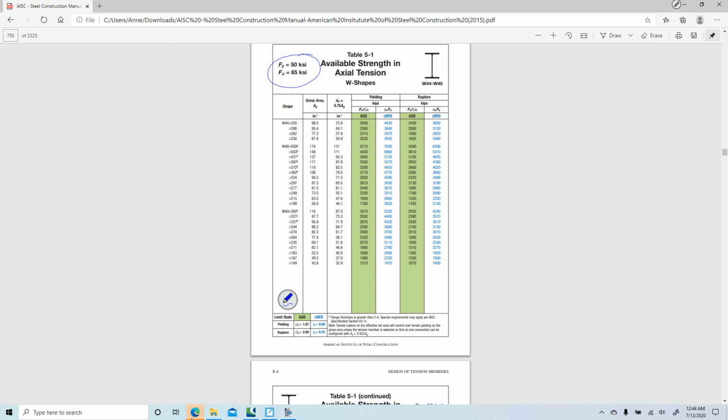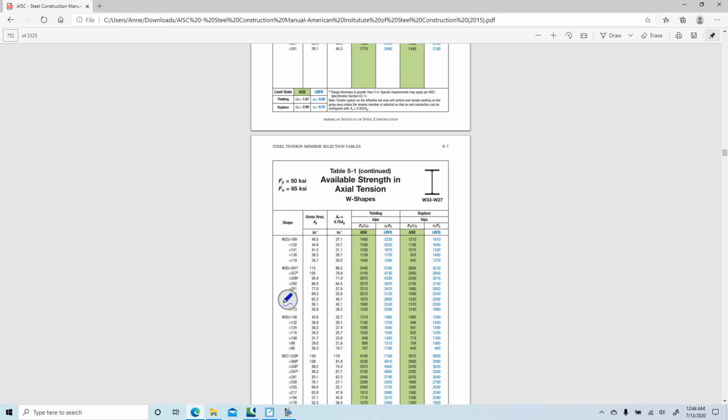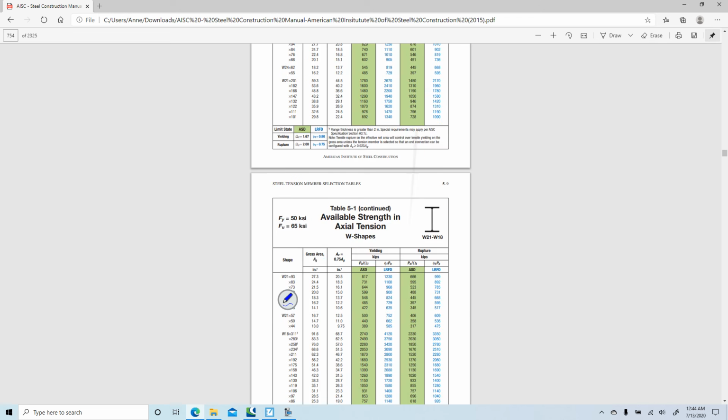So we're using A992, which has an FY of 50 KSI and an FU of 65. So these tables are valid. So I need to go find the W8 section.